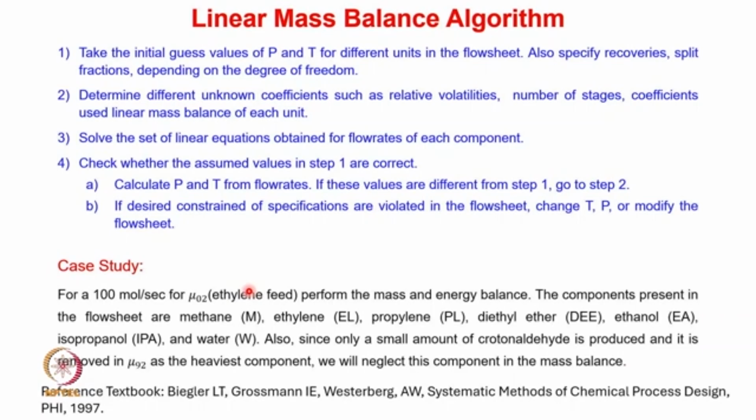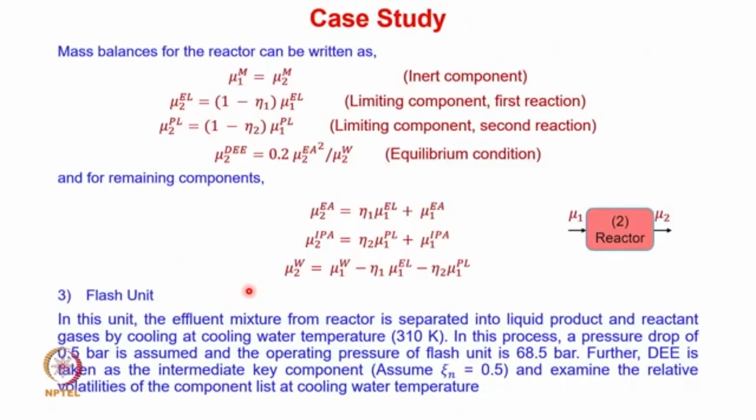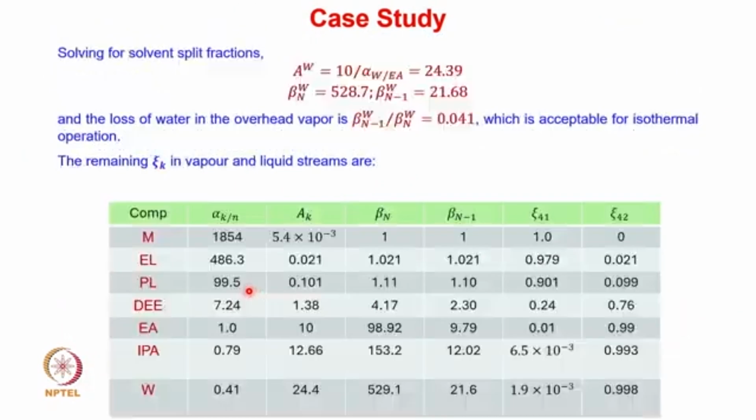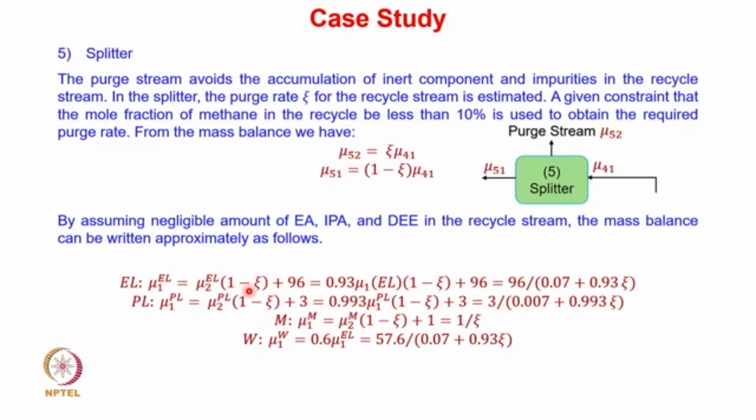Out of this 100 mole, remember 96 moles will be for ethylene, 3 moles will be for propylene, and 1 mole will be for methane. The same information is being used here in this equation. This 96 is coming from the feed. This is nothing but whatever we are getting back from the recycle stream, and that should be the initial feed to the reactor, isn't it?